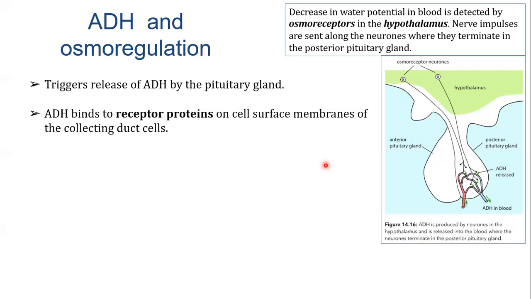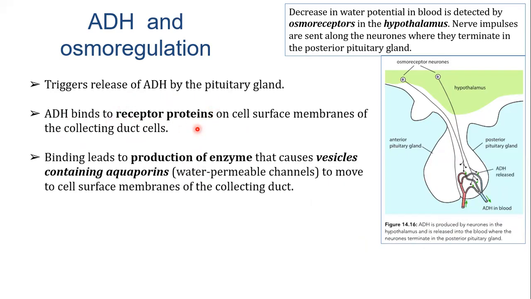When that happens, ADH will be released into the blood and travel along the blood. It will start binding onto specific receptor proteins on the cell surface membranes of the collecting duct. All right, so we're going to look at what happens there. It's basically the cell surface membranes of the collecting duct that have these specific receptor proteins for ADH.